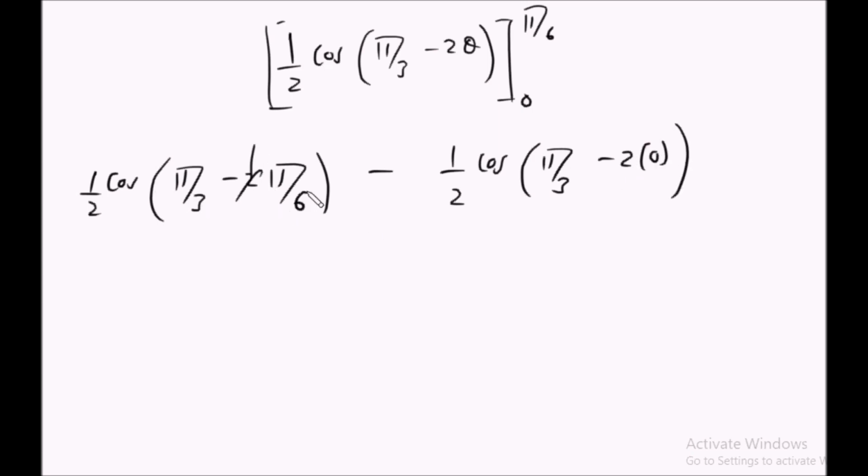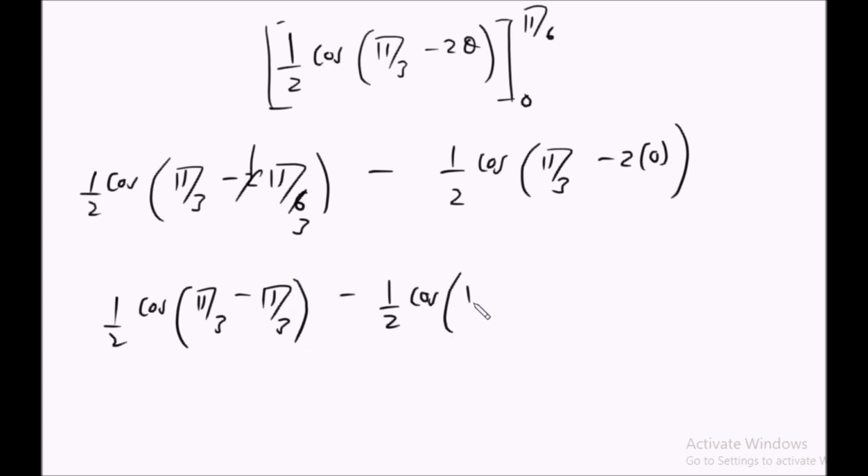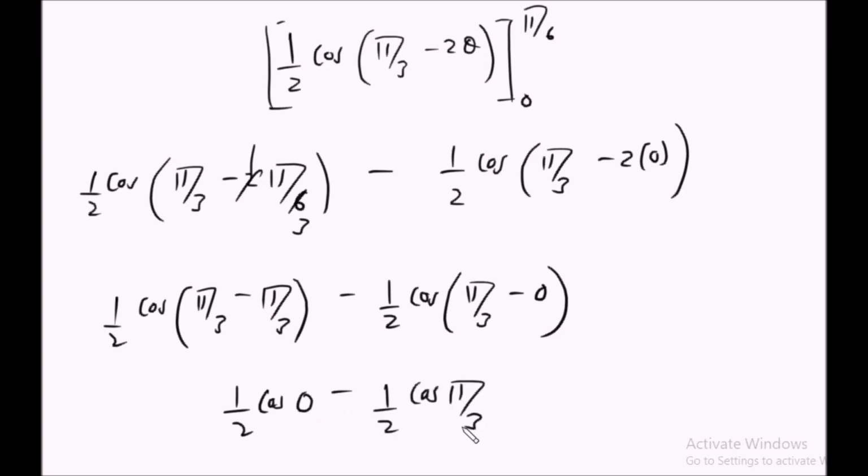So it becomes half cos of pi over 3 minus pi over 3, and half cos of pi over 3 minus 2 times 0, which is 0. So pi over 3 minus pi over 3 is 0. We get half cos 0 minus half cos pi over 3.